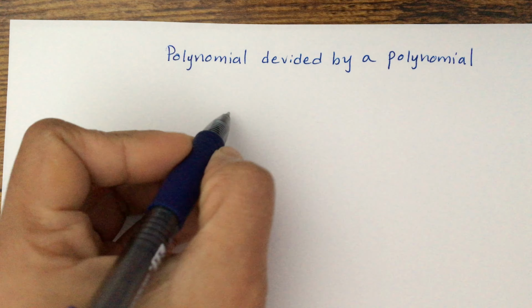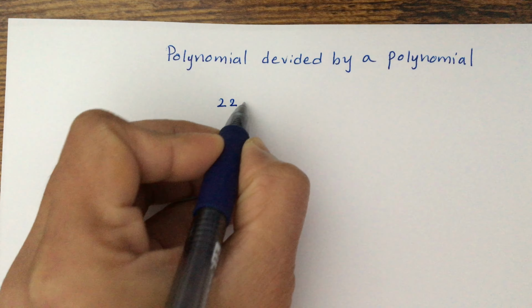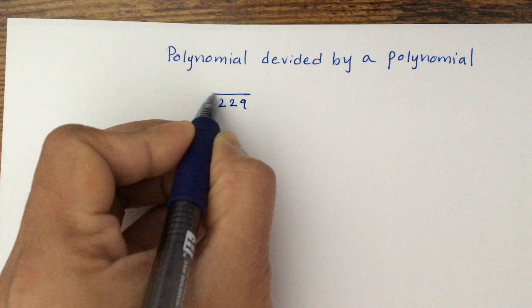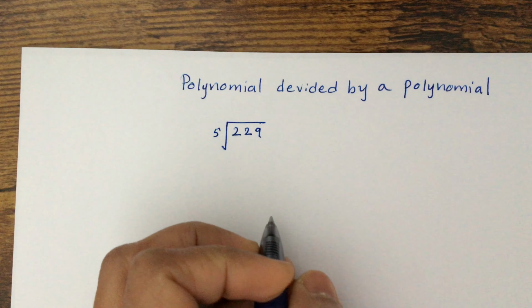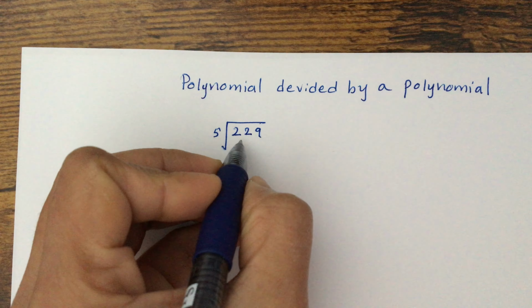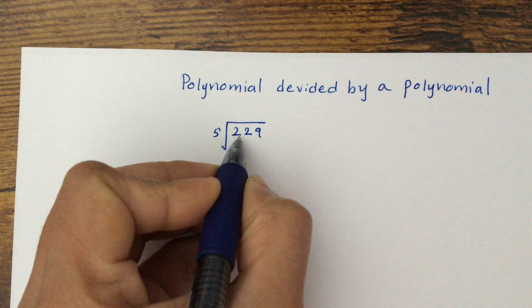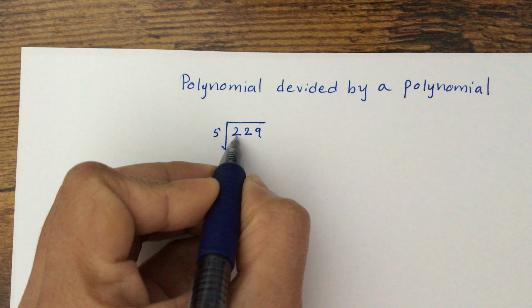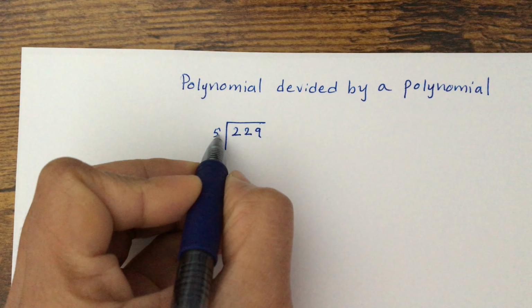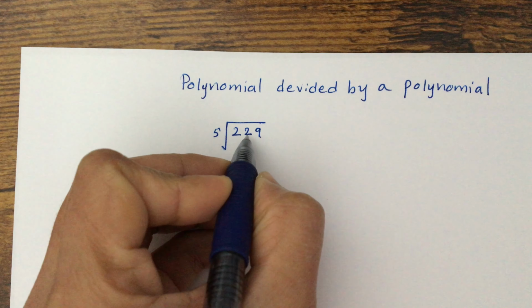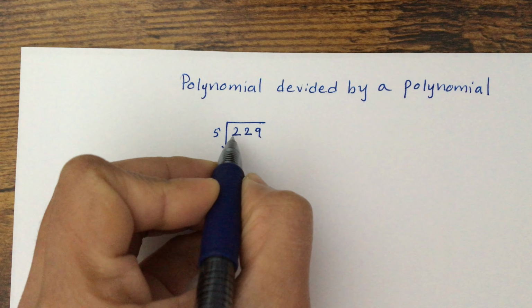For example, if you have a number like this and it is divided by 5, you know how to do the long division. First you look at the first number and it is not divisible by 5, right? So you then look at the second number, then it is 22.